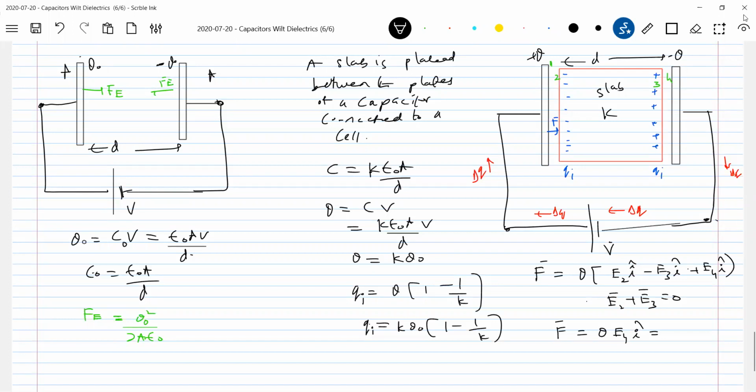What is E4 equal to? E4 should be equal to Q by 2A epsilon naught. So this will become Q square by 2A epsilon naught i cap. If I further simplify, what is Q? Q is equal to K Q naught.